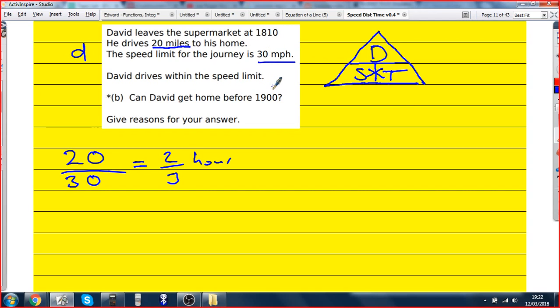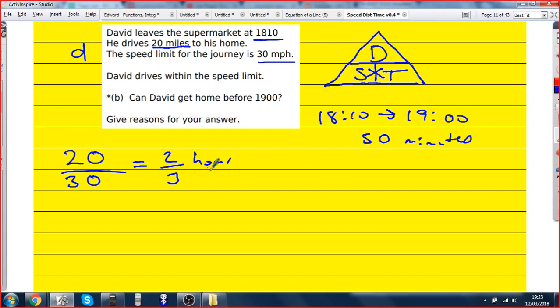This is time. So that 18:10 is like 10 past 6. Wait, no. So from 10 past 6 to 7 o'clock. Oh, 50 minutes. Yeah. So that's 50 minutes.